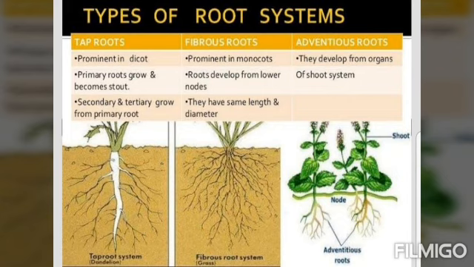The main functions of the root system are absorption of water and minerals from the soil. They also provide proper anchorage to the plant parts, store reserve food material and synthesize plant growth regulators.